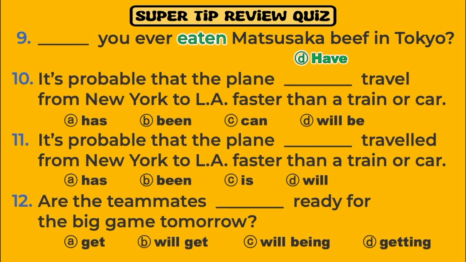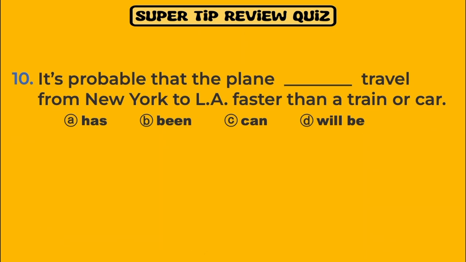Number 10. Again, we need to go backwards. It's probable that the plane traveled from New York to LA faster than a train or car. All right, focus on number 10 here. We do not have a helping verb. We don't have our signal. So we do a reverse signal. Look at the word travel.